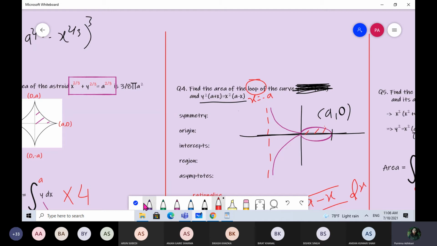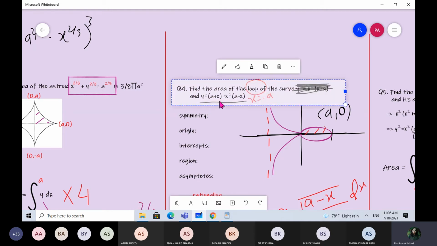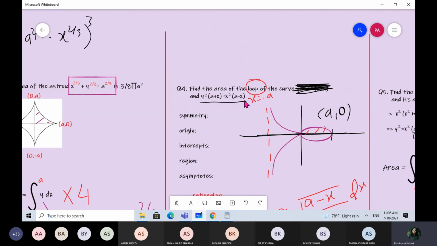So you can check your notes and see whether you were able to trace this curve similar to this. यो तिमीको tracing गर्दा यो आयो थियो कि नहीं? Just make sure. And the question says find the area of the loop. Loop को area चाहिए. Okay, so loop means this part only.